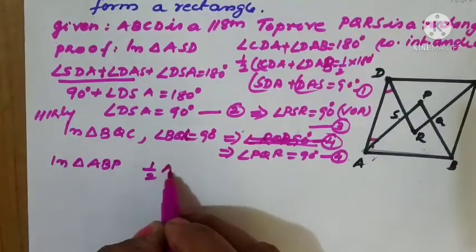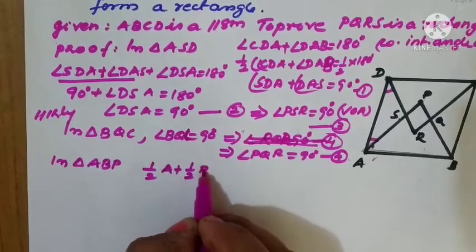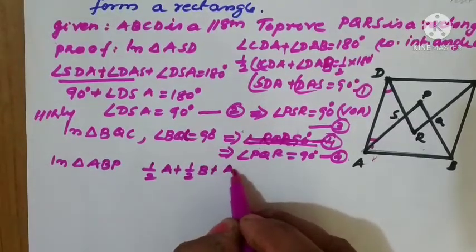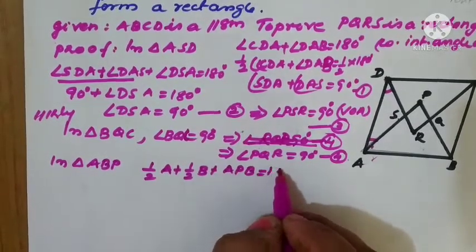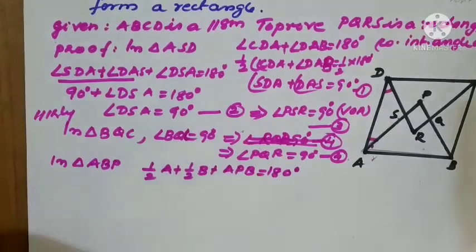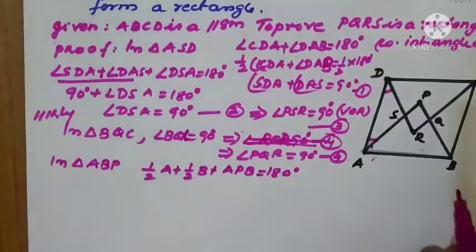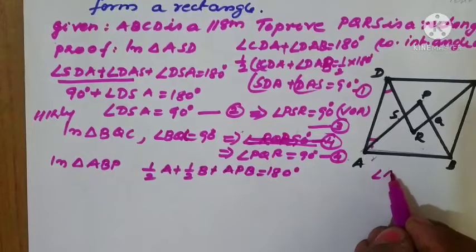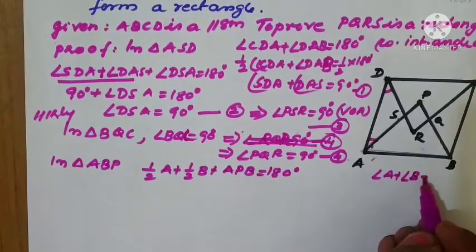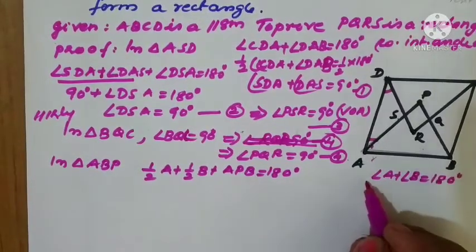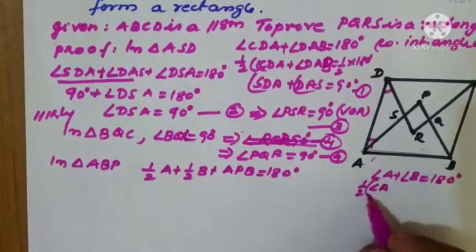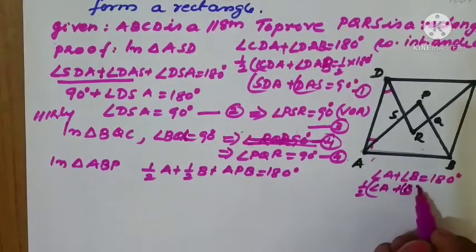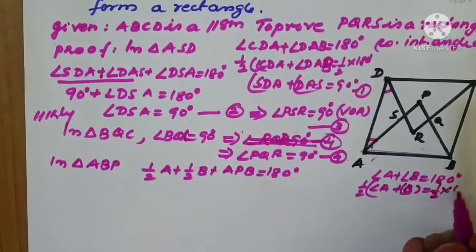Half A plus half B plus angle APB equal to 180 degree. Half A plus half B, we need the value. How can we calculate that? Angle A plus B equal to 180. The same procedure, and we are dividing by half. So half of A plus B equal to half into 180, that is 90.